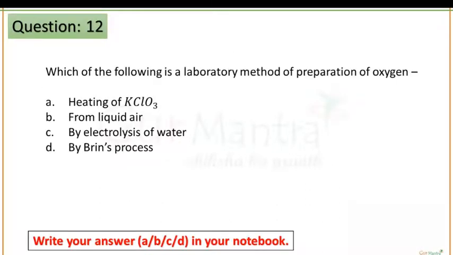Which of the following is a laboratory method of preparation of oxygen? Heating of KClO3, from liquid air, by electrolysis of water, or by Brin's process?